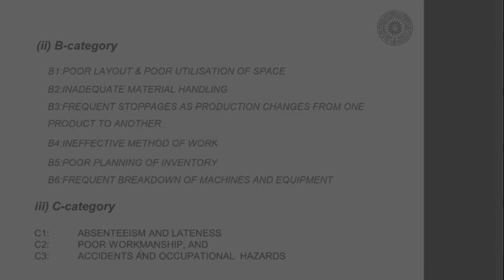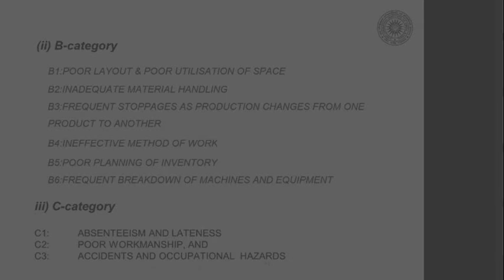Suppose a worker who is working on the lathe machine is employed for doing a specialized job of gear cutting. It will be difficult, and he will be doing a bad job. Then the C3 category is responsible due to accidents and occupational hazards.